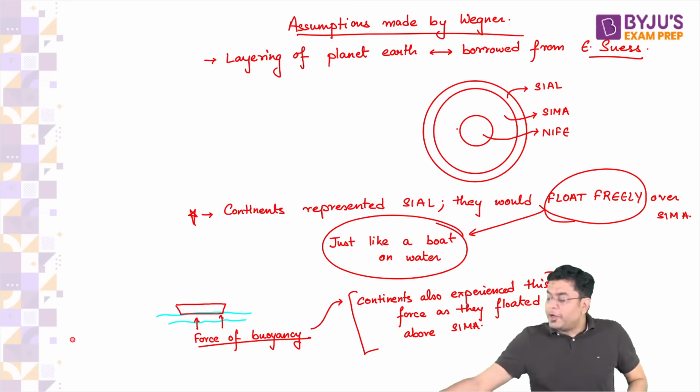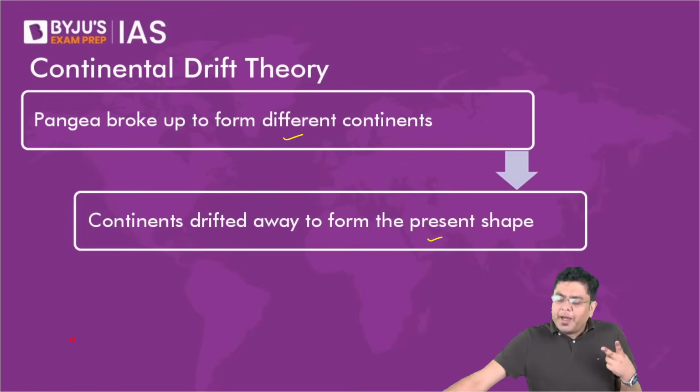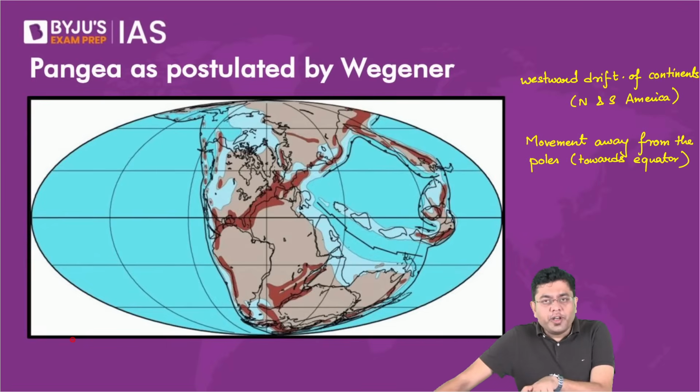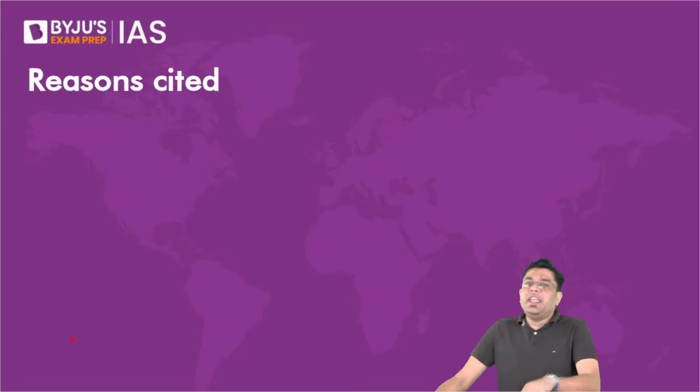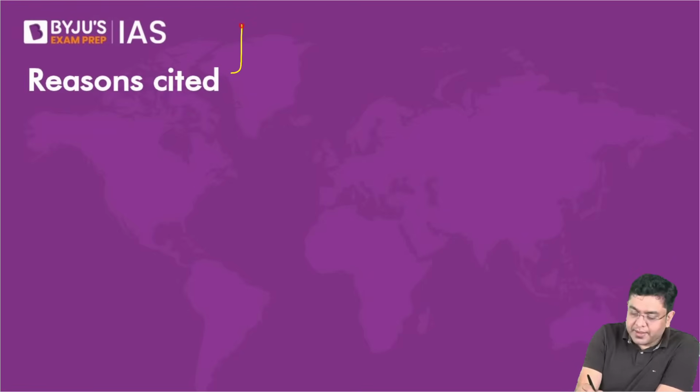Wagner had to provide reasons for two kinds of movements. One was the westward drift of continents, and the other was the movement away from the poles. So, the reasons cited were two, right? To prove two kinds of movements.